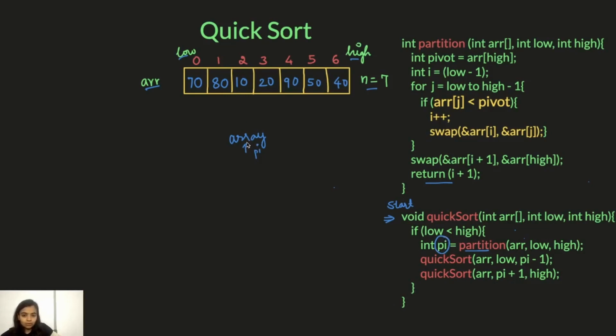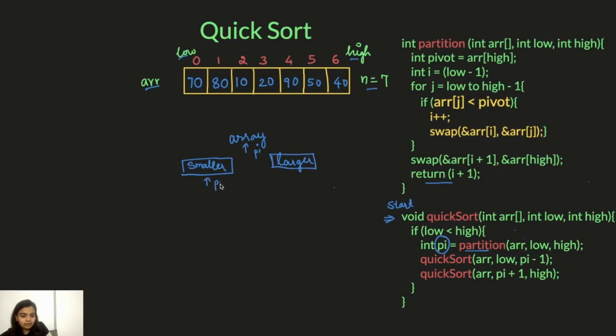The partition algorithm will send all the smaller elements to the left of the pivot and swap all the larger elements to the right of the pivot. Now we have two arrays over here, with all elements smaller than the pivot on one side and all elements larger than the pivot on the other.